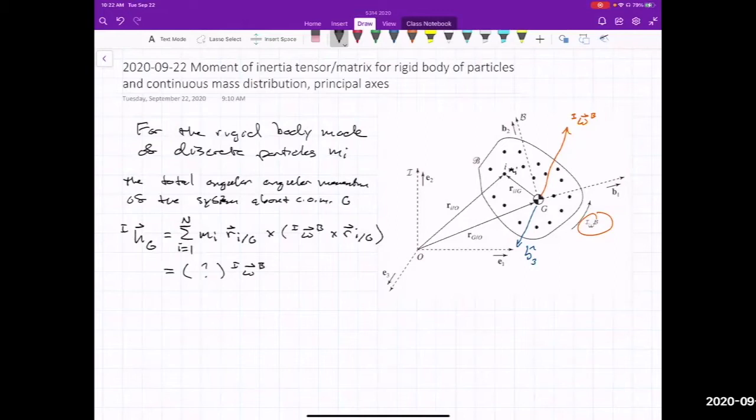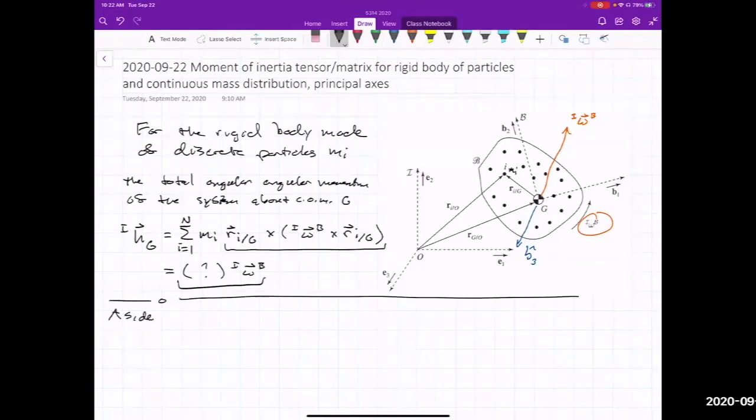So to be able to write this cross product in a way that it looks like the second line down here, we need to do a little bit of a mathematical aside on writing the cross product in matrix form.